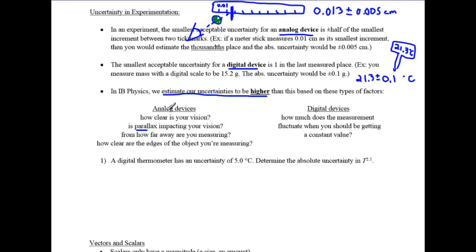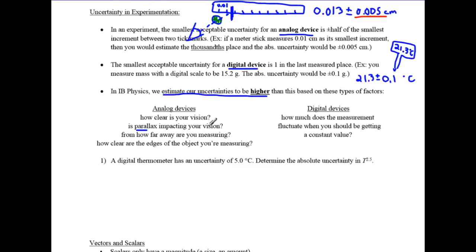Any of these sorts of things can cause you to estimate your uncertainty to be higher. So you say, well, there's no way my uncertainty is really this small. I'm going to estimate my uncertainty to be plus or minus 0.1 centimeters maybe, or 0.2, or whatever it might be. You can estimate it based on factors.